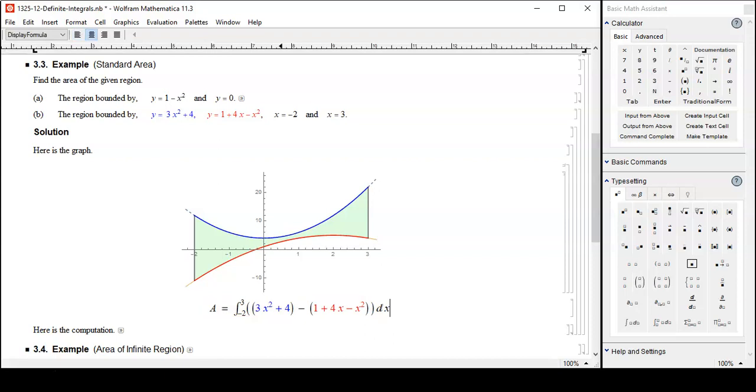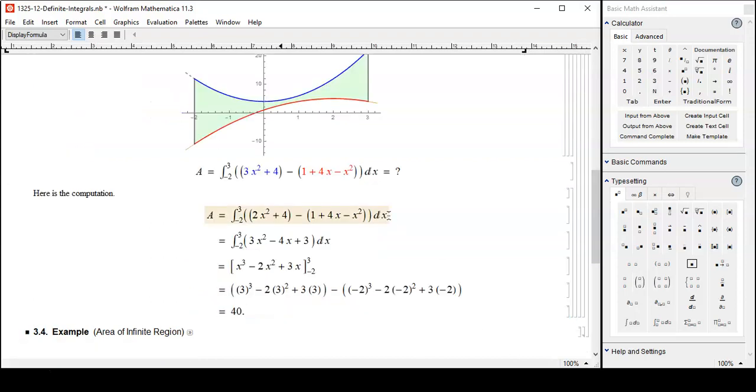And all you have to do is to calculate this integral. It'll require a little bit of tedious computation because you'll have to break up parentheses and take the like terms together and do your computation. But if you do everything and then plug in the top, plug in the bottom, subtract one from the other, you're going to get the answer. Well, here's a computation.